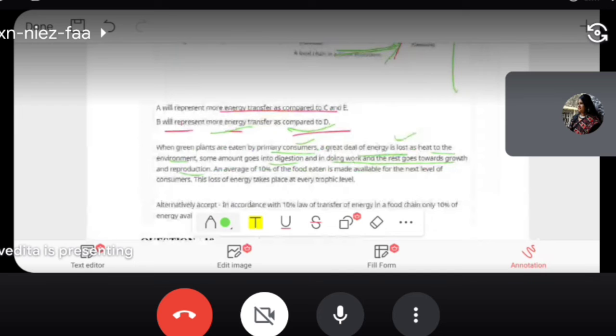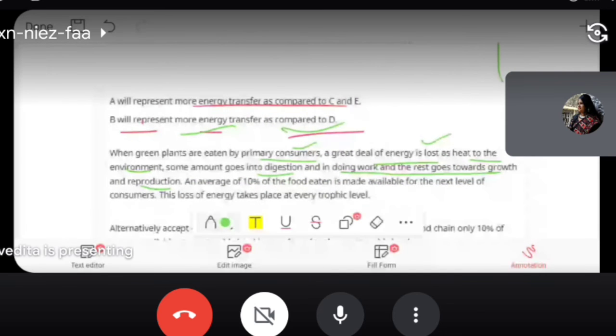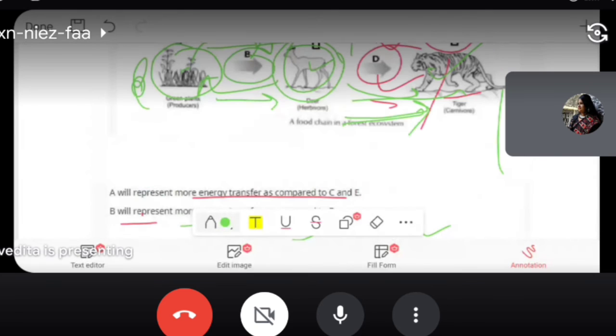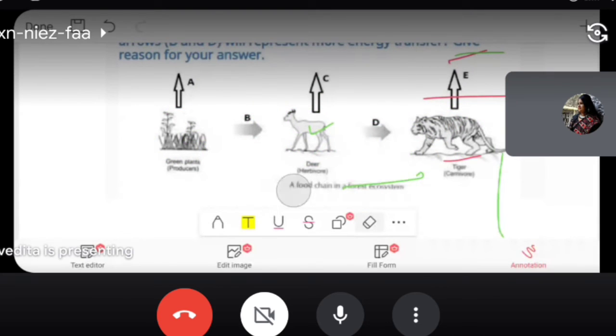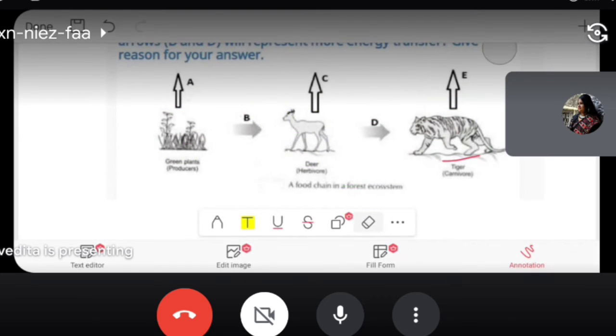See, an average of 10% of the food eaten is made available for the next level of consumers. Means just think that the plant made 100%. I am just giving one example, it is not the perfect calculation.